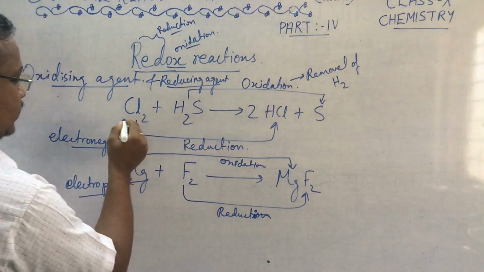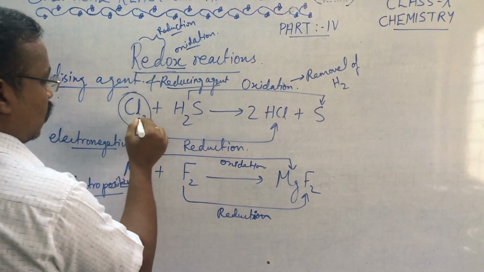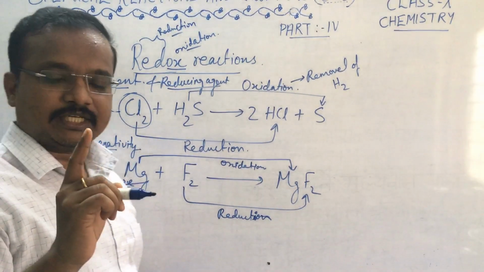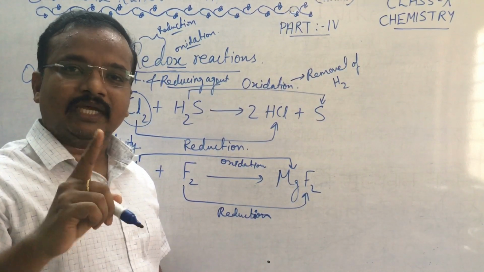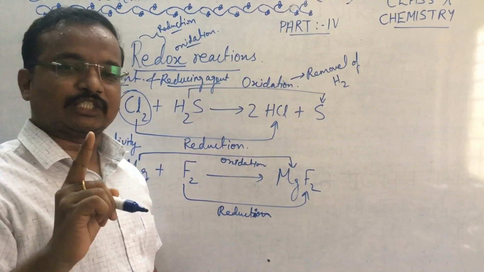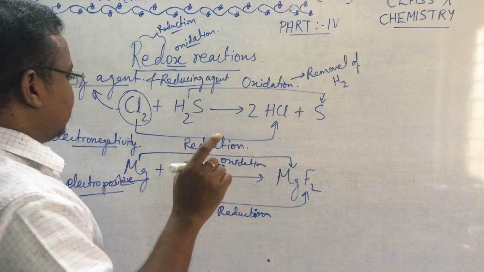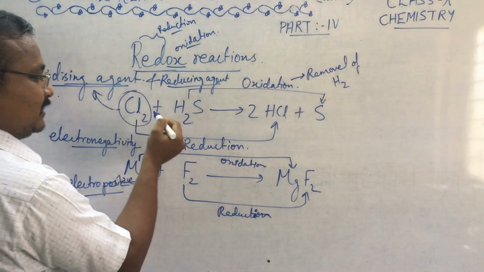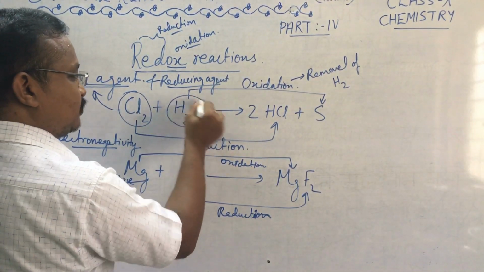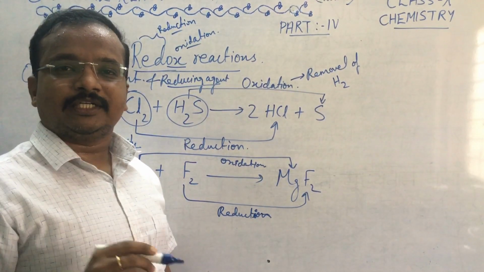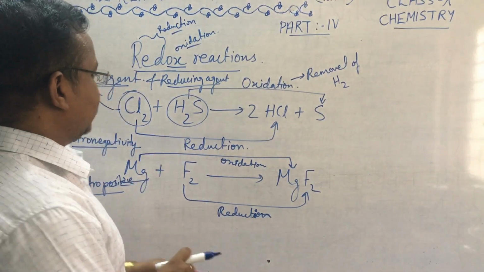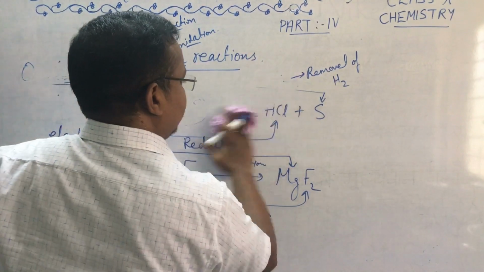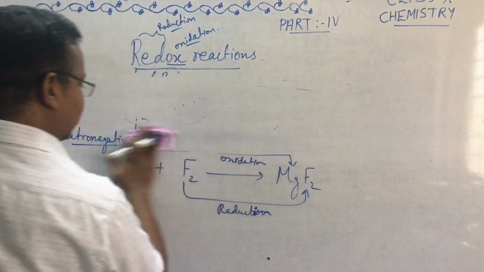So the species which brings about oxidation, we call an oxidizing agent. That species might be undergoing reduction, but the species which brings about oxidation is called the oxidizing agent, whereas the species which brings about reduction is called the reducing agent. We'll write the first example once again so that you will come to know a little more easily.